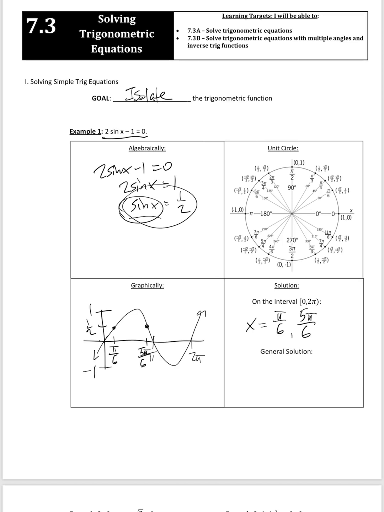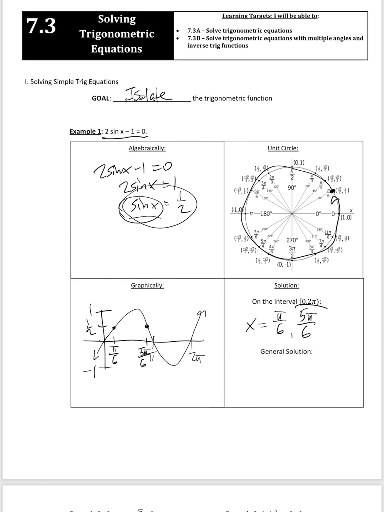So usually I will ask you for a solution within an interval, like between 0 and 2 pi. The general solution, we know that if I start at this point, for example, and I go around the whole unit circle, 2 pi, I come back to the same point, so that's the same sine value. I could subtract 2 pi, and so on.